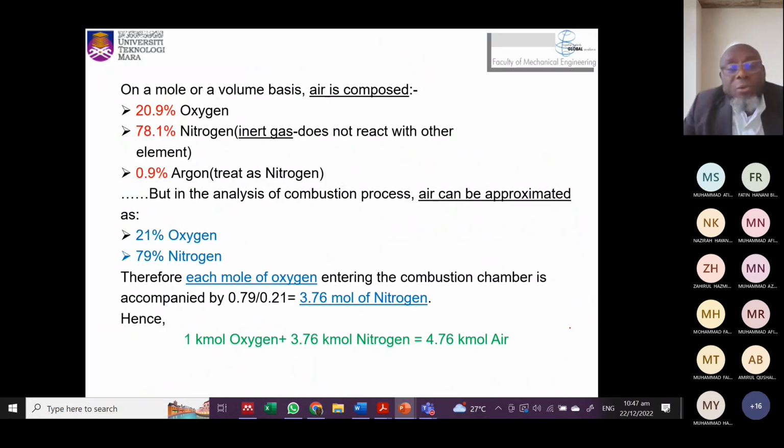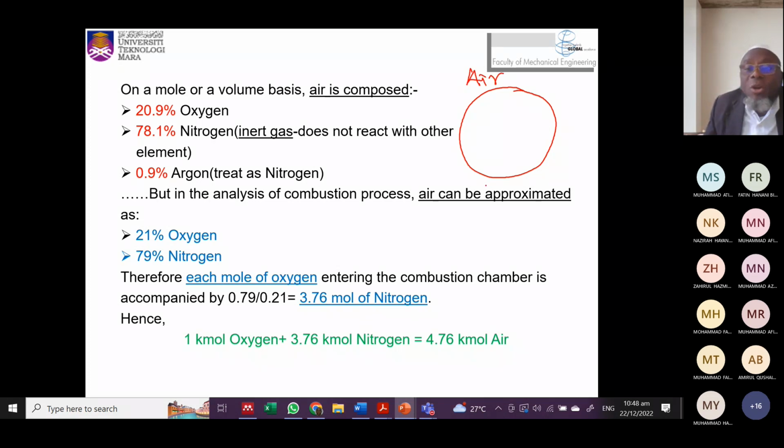So now we come to a very important concept. Pay attention carefully. Let's say atmospheric air is composed of, we all know, if you take any sample of atmospheric air, that sample will contain some percentage of oxygen, and that percentage of oxygen is 20.9%.